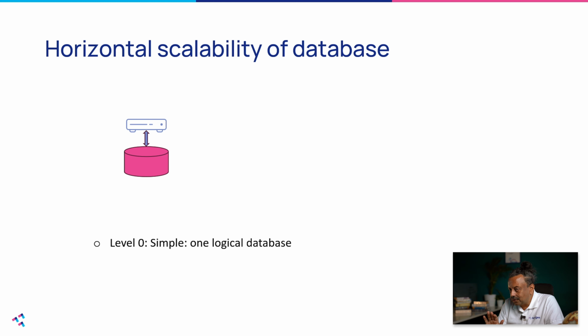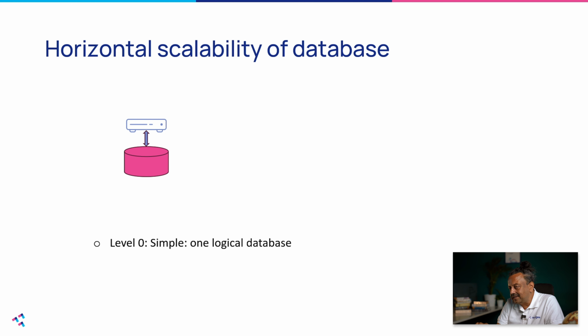Now we'll look at the horizontal scalability of a database, again at a high, conceptual level, to understand a little more graphically how things work. We're going to look at the simplest to the relatively more complex data store organization and architecture.